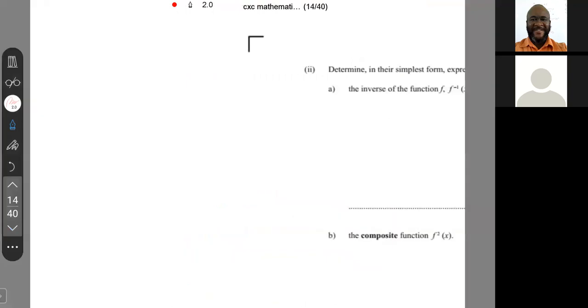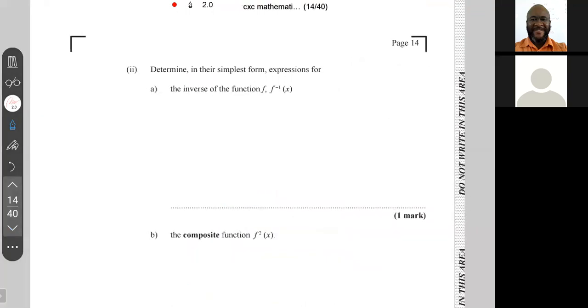Next, we are asked to determine, in their simplest form, expressions for f inverse. Now, f of x is equal to 3 minus 2x. Finding the inverse of a function has 4 steps.